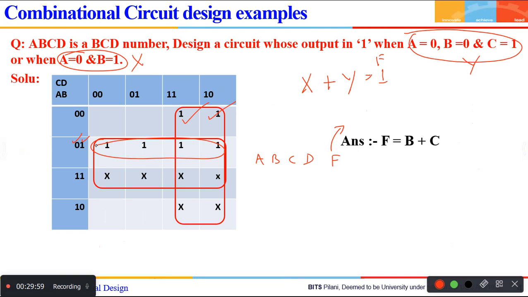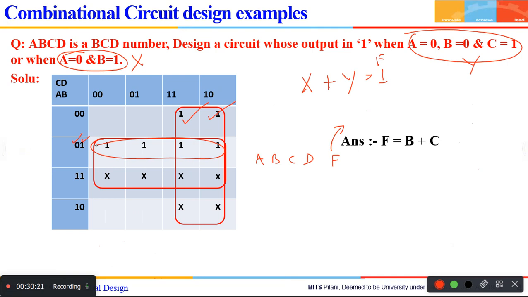No. You can put all other combinations as don't cares. We don't need those. Can you get a circuit for that? All these are one.